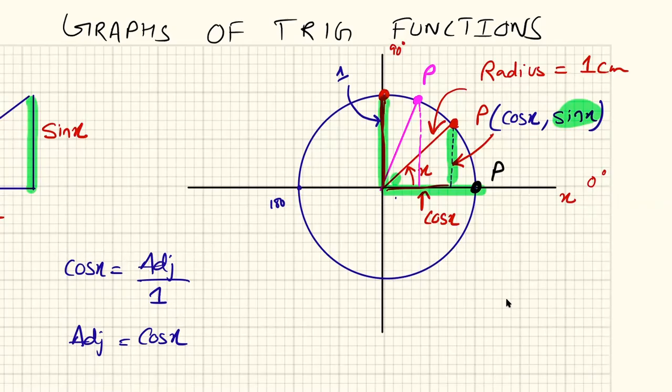If the point P moves from here all the way up to here at this angle, would you be getting any vertical height? No. If that's the case, then the sin x component will be 0.